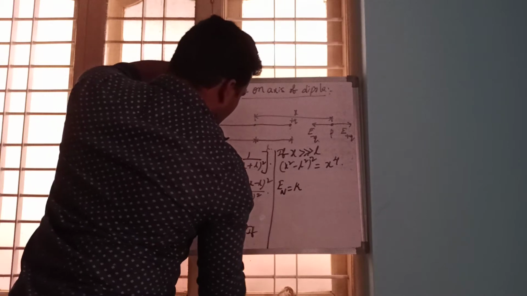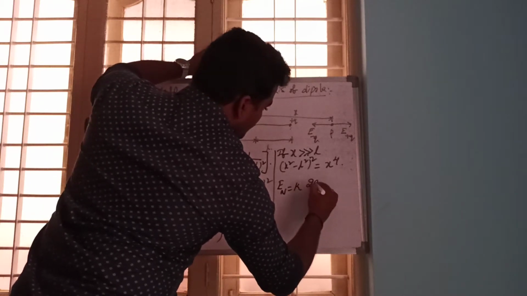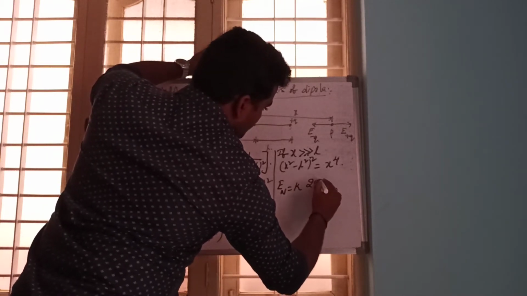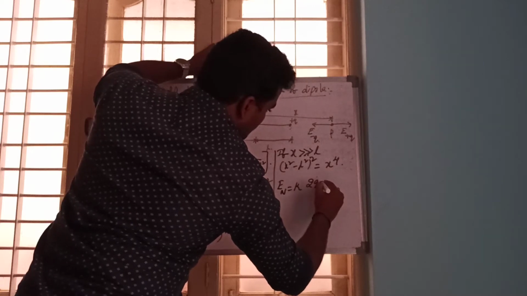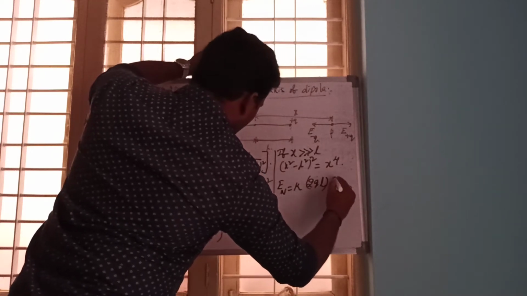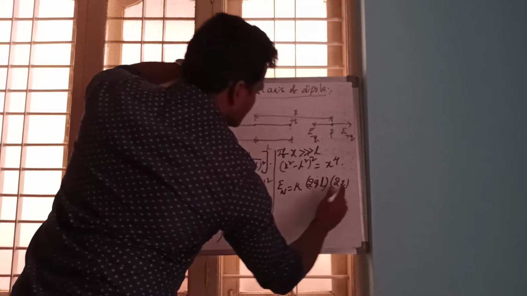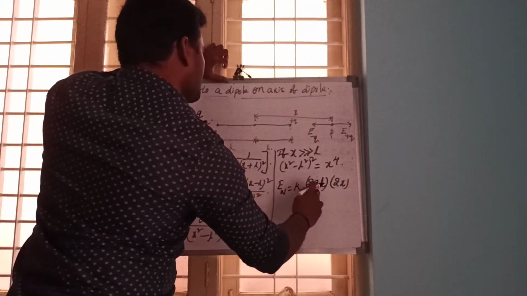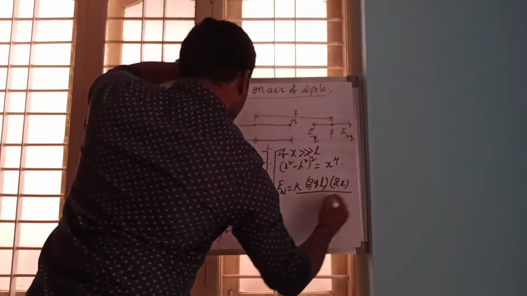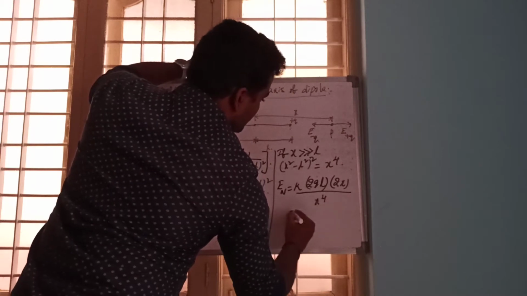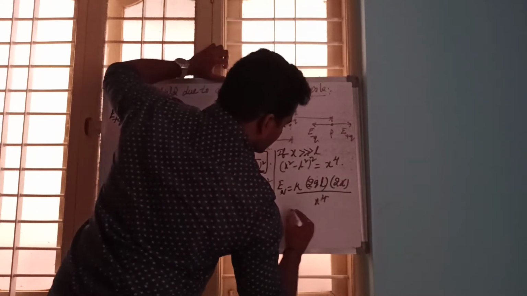So the net electric field will become k, and I am splitting this into two parts: 2q L into 2x. 2 twos are 4, qL into x divided by x power 4. x cancels.